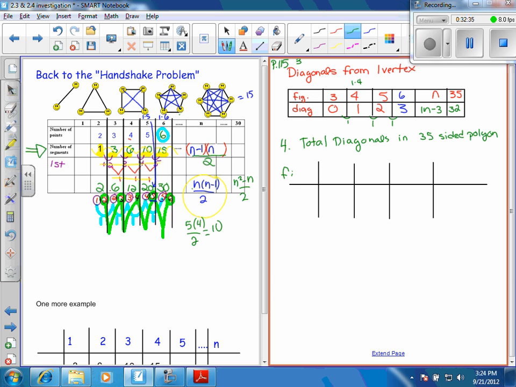So this could be figure, and this could be diagonals. Our first figure is going to be a triangle, and there's no diagonals there. Our second figure is going to be a quadrilateral, and now there's 2 diagonals. The next figure is a pentagon, and there's 5 diagonals, right?